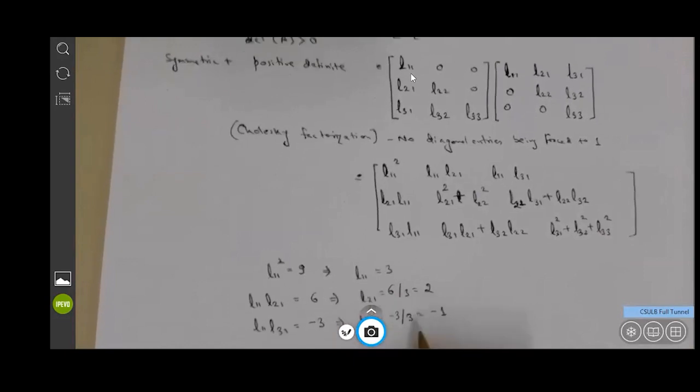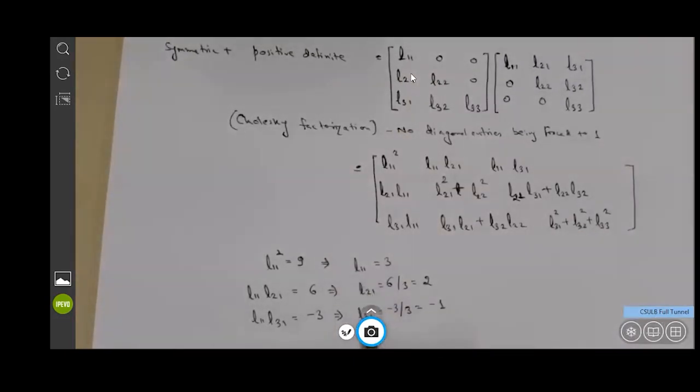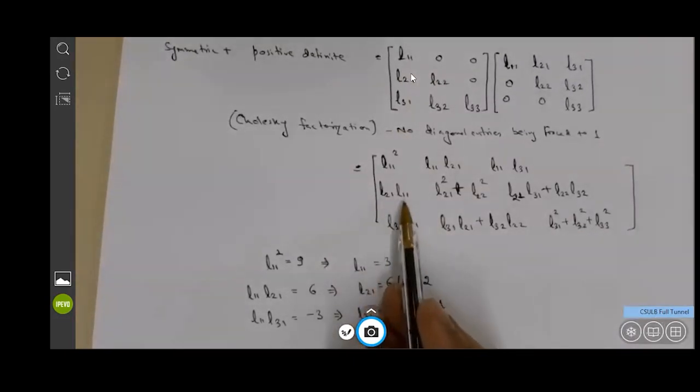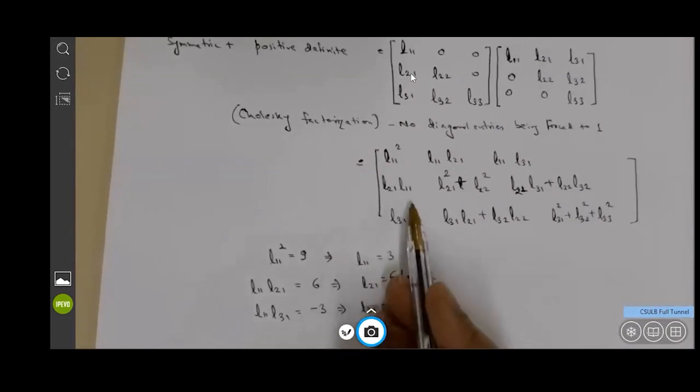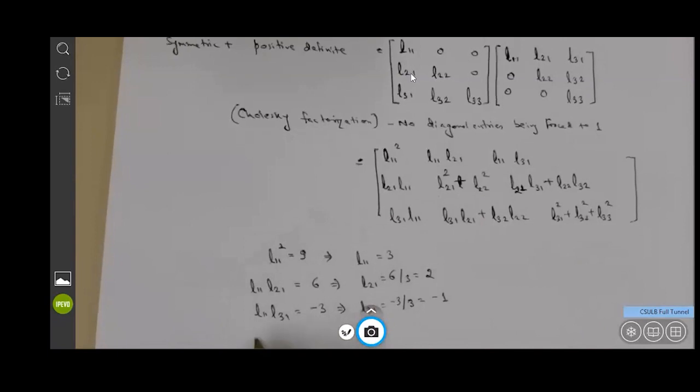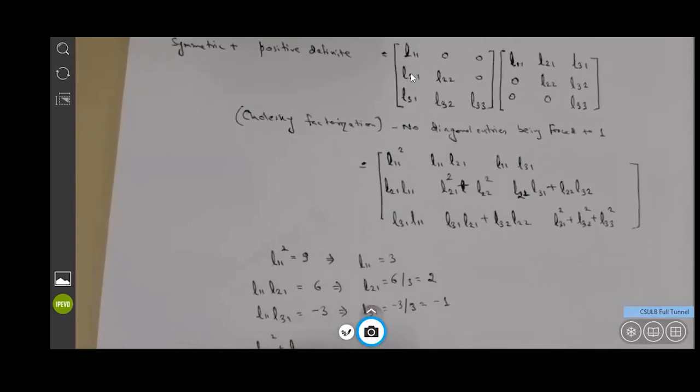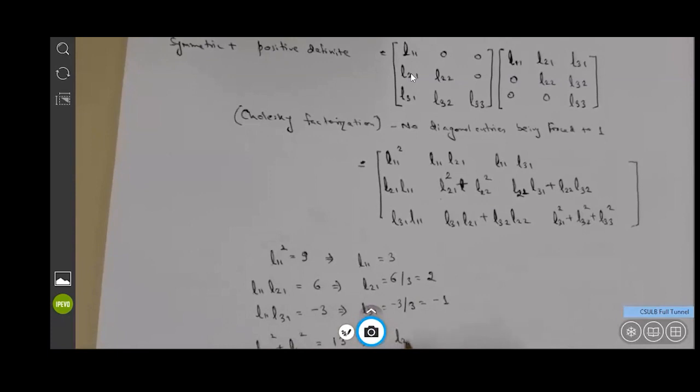So I've got the first row, basically L11, L21, L31. Now this one, L21 is already solved, so I don't need to check again. L21 square plus L22 square is equal to 13. And I know L21 is 2. So L22 square is 13 minus 4, which is 9. And L22 again comes out to be 3.